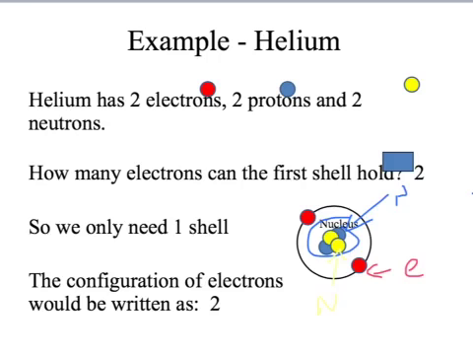The electrons that can fit into the first shell would be 2, and we only have 2, so we only need 1 shell. Pretty straightforward. And the electron configuration, which we'll cover a little bit in the next slide, would just be 2.